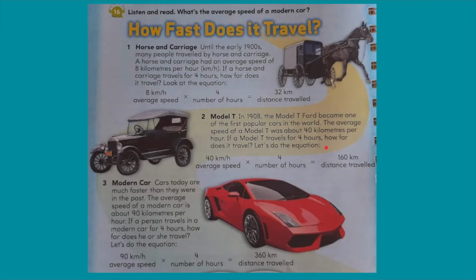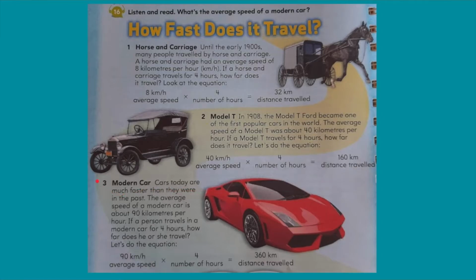Let's do the equation. 40 kilometres per hour, the average speed, times 4, number of hours, equals 160 kilometres, the distance that it travels in 4 hours.